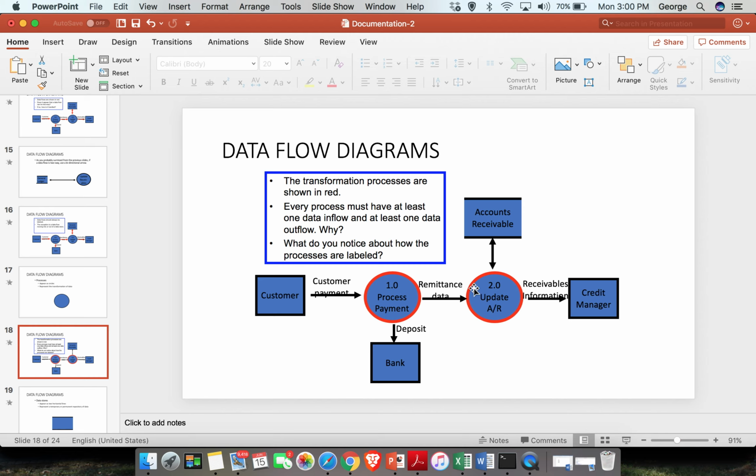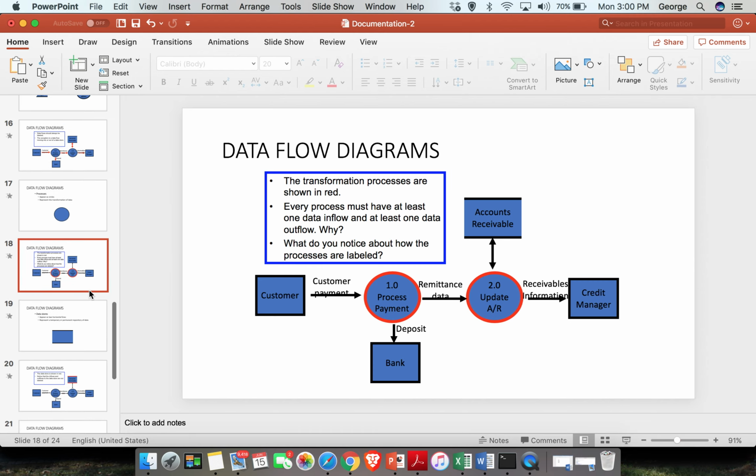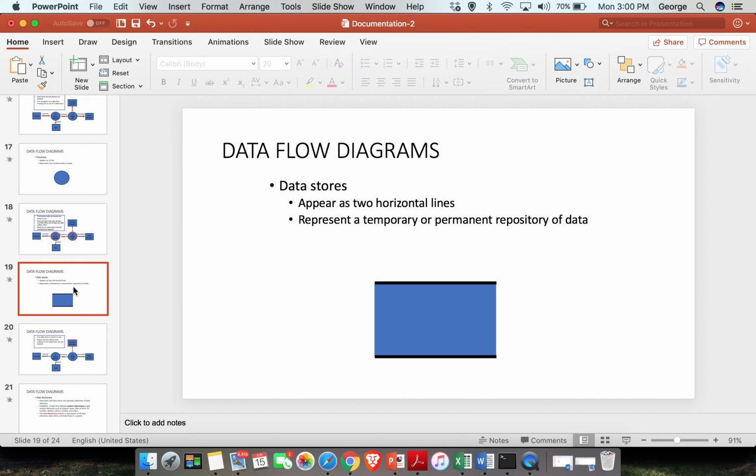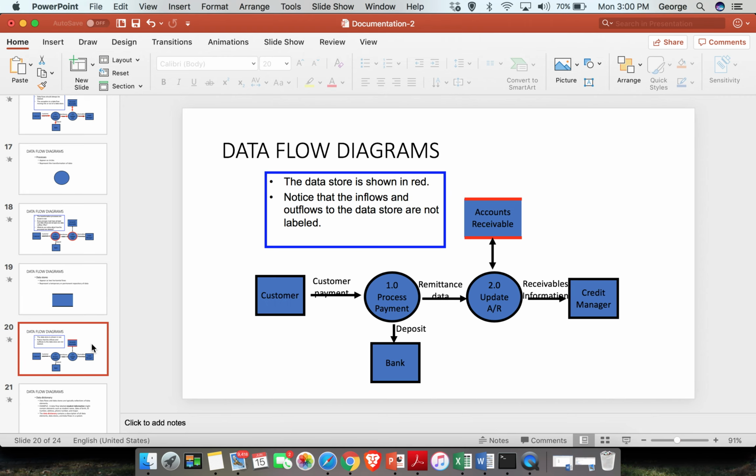So we use the remittance data, and we update the AR, and then we have maybe a little receivable report that the AR updating program will send over to the credit manager for us. Data stores, two horizontal lines, are a temporary or permanent repository of data. For our DFD, or data flow diagram, the AR is the AR master file.